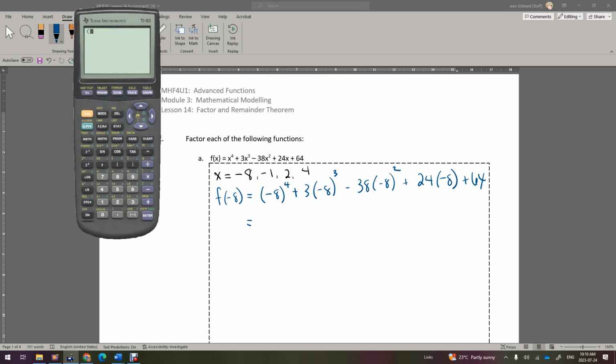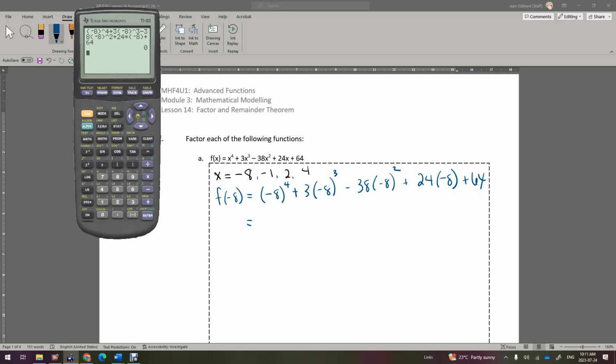So bracket, -8 bracket, don't forget the brackets, to the exponent 4 plus 3 times -8 bracket to the exponent 3 minus 38 times negative 8 bracket to the exponent 2 plus 24 times bracket negative 8 bracket plus 64.